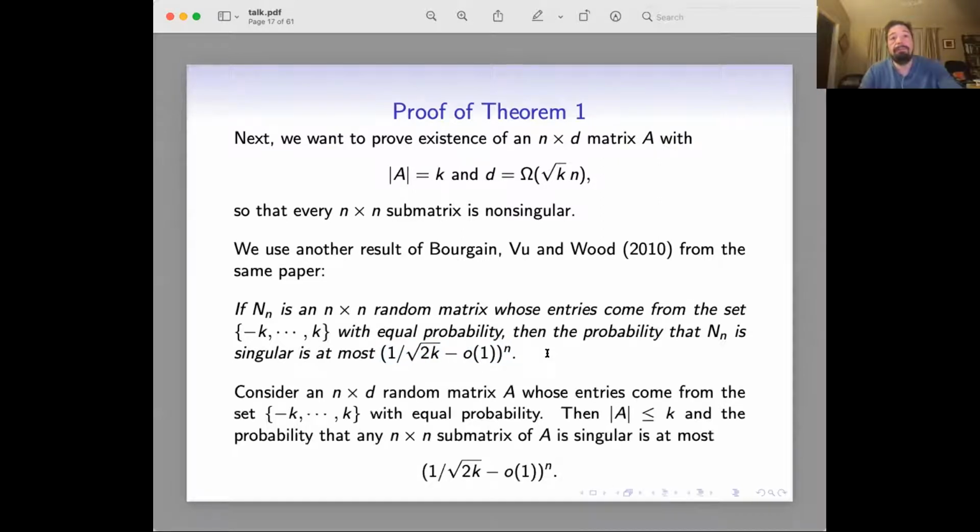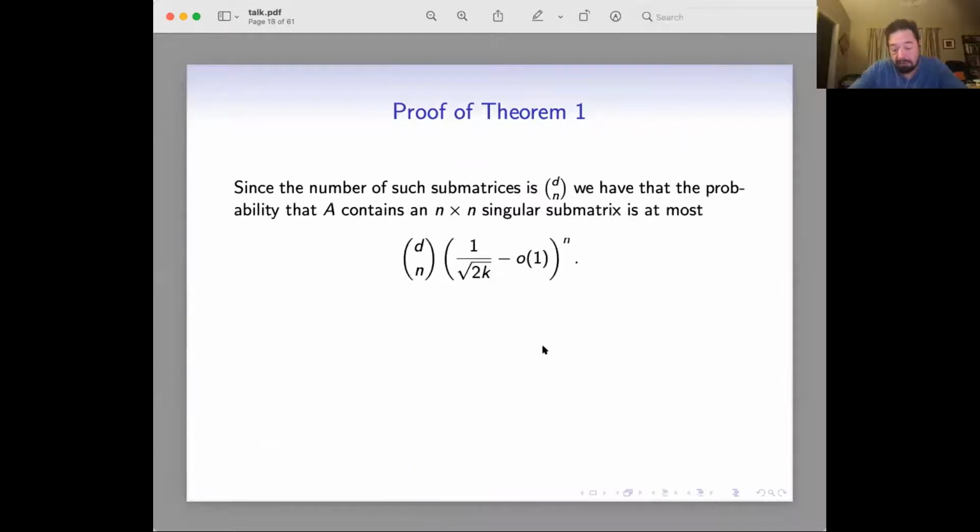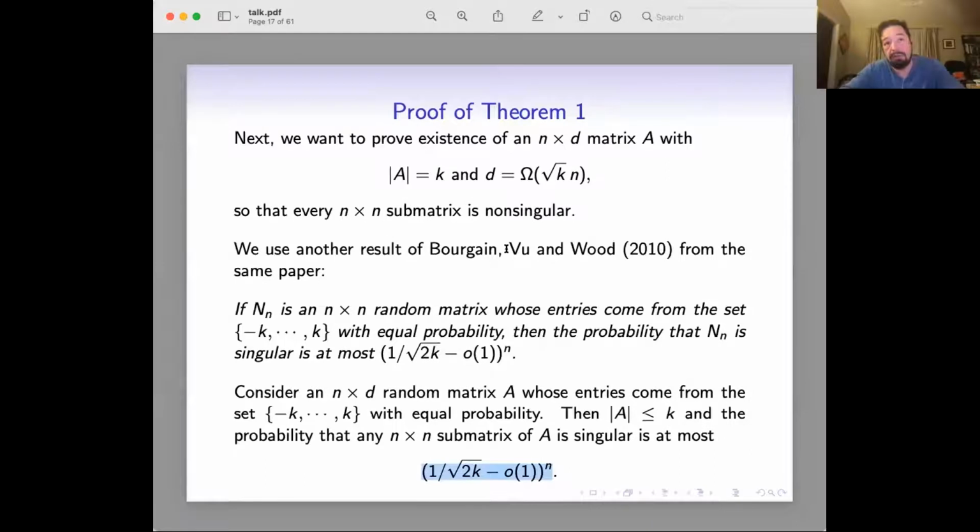Okay, so then again, we now build our rectangular matrix, choosing the entries according to this capital N sub n law. So the probability that some n by n submatrix is singular is at most this, according to the Bourgain, Wu, and Wood theorem.